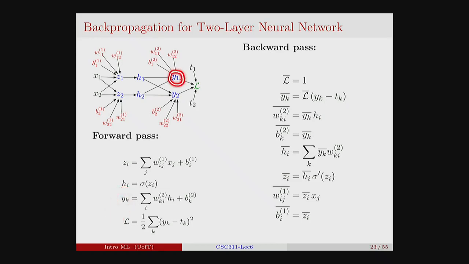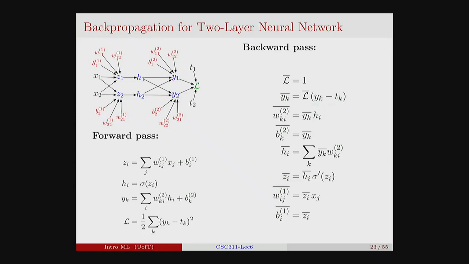Well, in the graph, let's focus on y1 for a minute, the derivative of y1 is going to depend on L bar times dl dy1, which is exactly this quantity here. And k is indexing into y1 or y2, depending on which one you're looking at. So you would compute both of those.